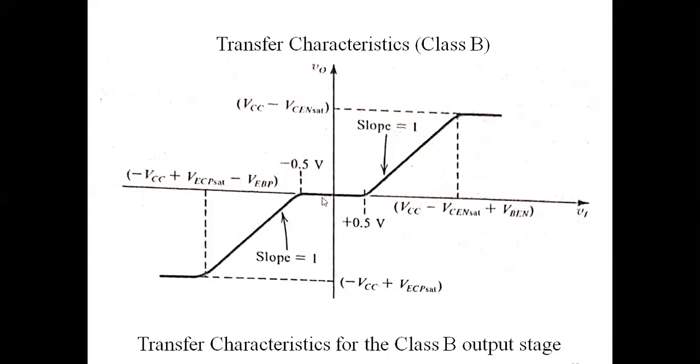After this, it attains the linear region in the positive direction until Qn is in saturation, that is VCC minus VCE saturation, and it attains its negative linearity region until the maximum value of Qp saturation, that is minus VCC plus VEC saturation.